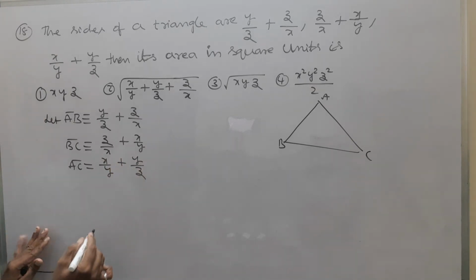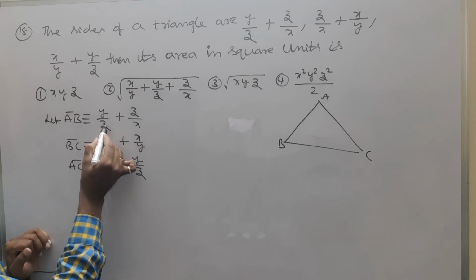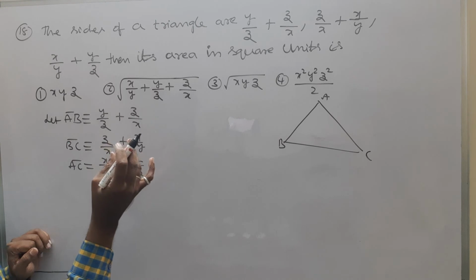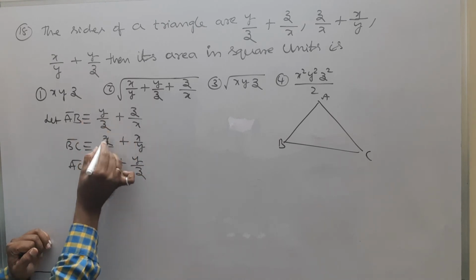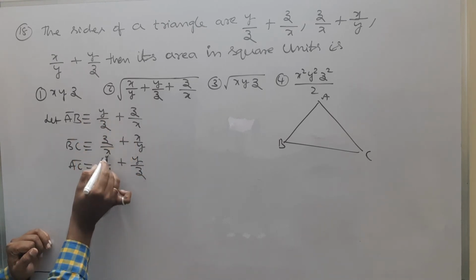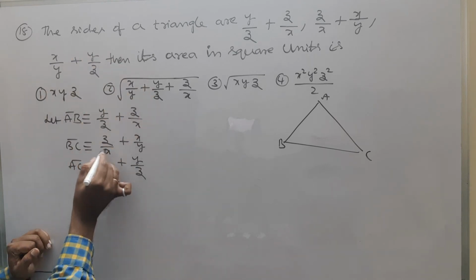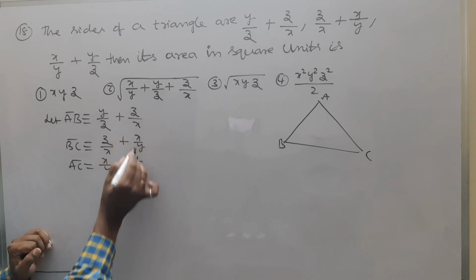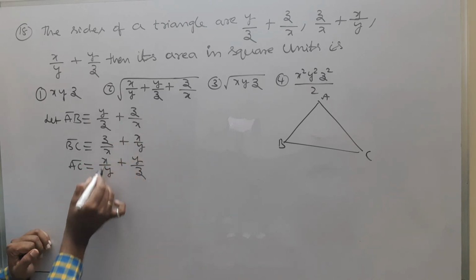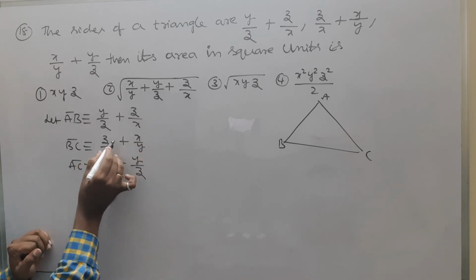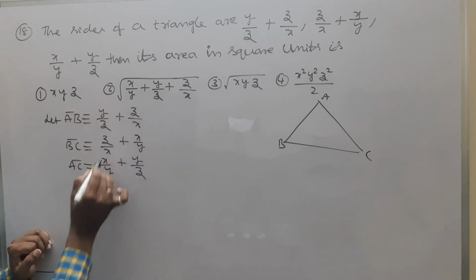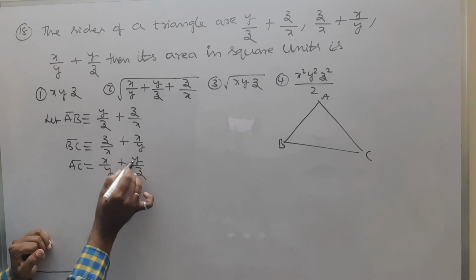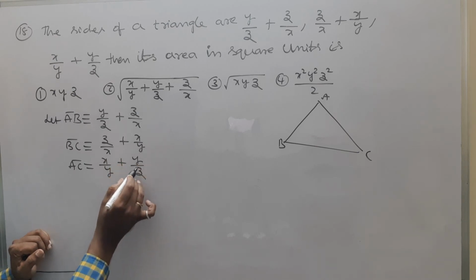Observe that these sides are in cyclic form: y by z plus z by x, with x, y, z, then y, z, x. In the first side the denominators are z and x, next side x and y, the third side y and z.